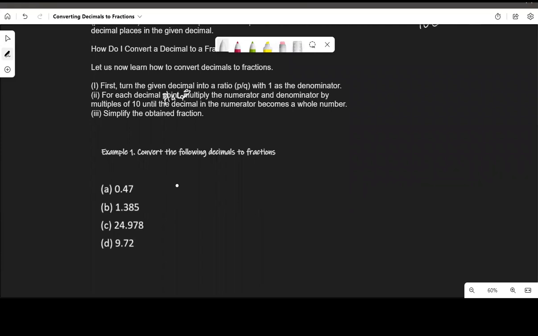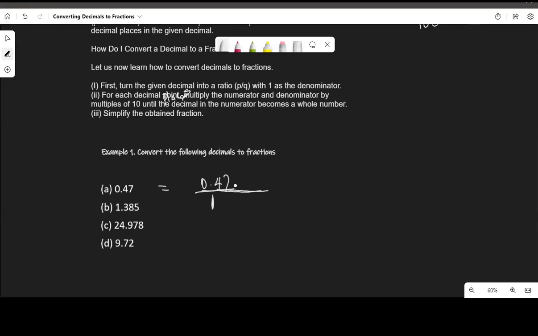The first one is 0.47. First of all, write that in terms of a ratio with 1 as the denominator. Then to clear this decimal point, we'll multiply by powers of 10. Recall that the power of 10 we use depends on the number of decimal places.